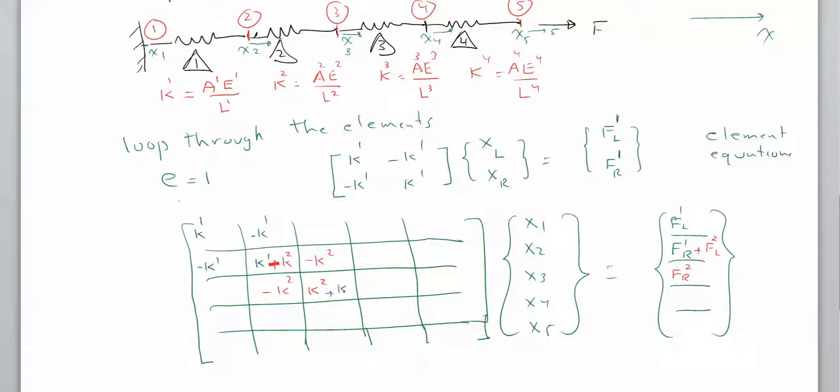Plus K3, minus K3, minus K3, K3, plus F3 left, F3 right. And finally, let's go to element number 4.